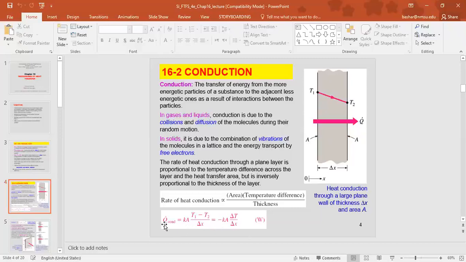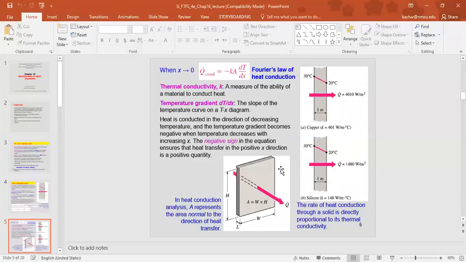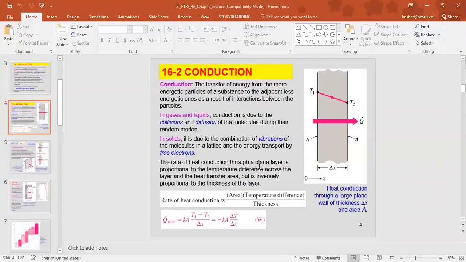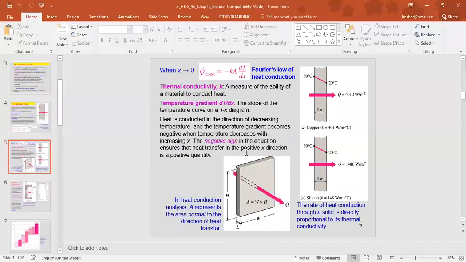So Q, the rate of heat conduction, equals minus k times A times delta T divided by delta x, and the unit of this heat rate, as we know from the previous parts of the course, is watts. When delta x goes to 0, then delta T over delta x becomes a derivative, and the equation becomes in this form, which is well known as Fourier's law of heat conduction.